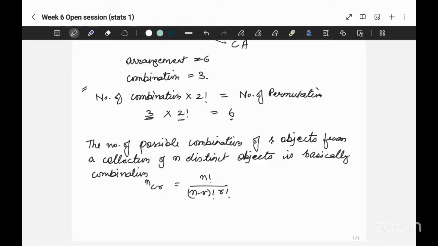Is this clear? Yes, ma'am. Sure? For everyone? Okay, so this is combination.